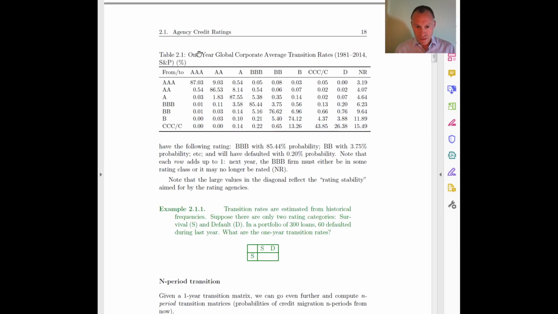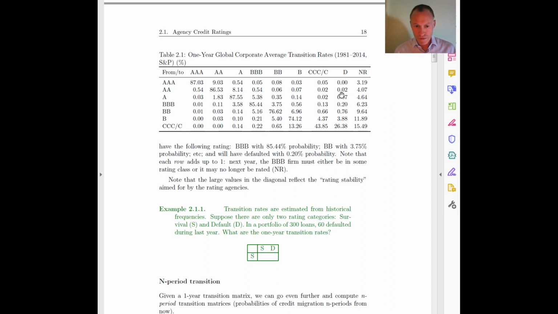This one is the one that Standard & Poor's output, and this gives us the probability of default. So for example, if we're talking about a firm that has a BBB rating, what this information here tells us is that the probability that a BBB firm will default within 1 year is 0.2%, this number here. So it's very easy to get the probability of default, like you see here.